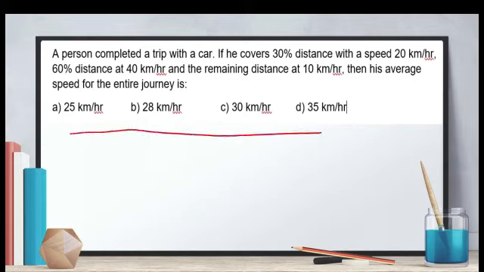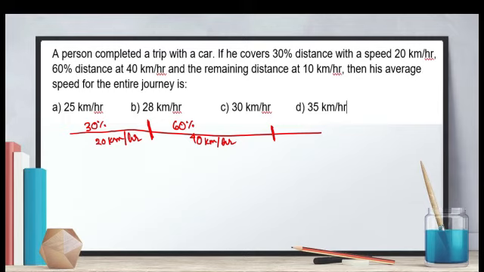So it's a long trip. 30% distance with speed 20 km per hour. Then 60% of distance with 40 km per hour. Okay. And then remaining distance.